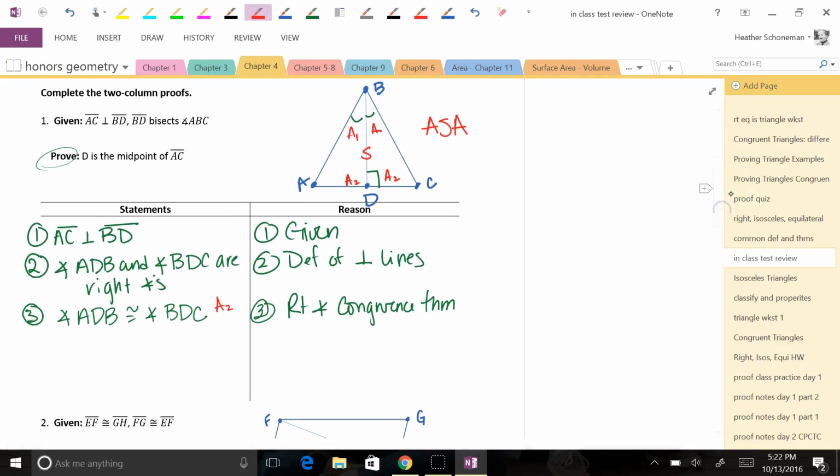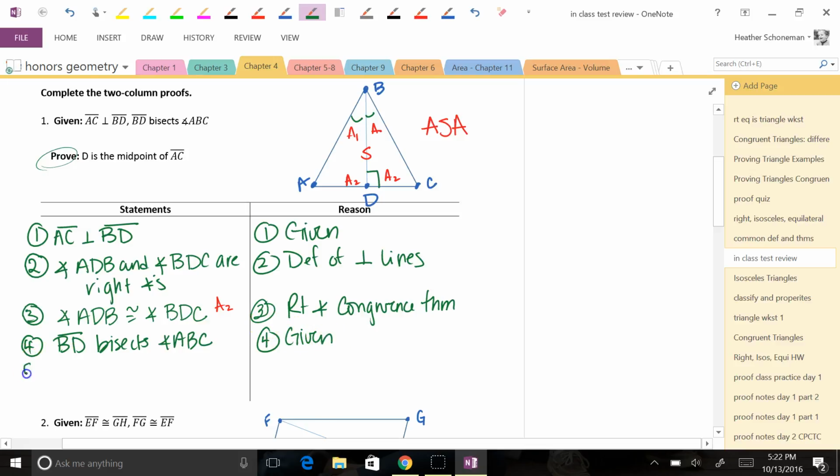Now we need a couple more facts. Well, we know that BD bisects angle ABC. That was given. And when we learned that, we marked congruent angles on the picture. We marked angle ABD congruent to angle CBD.